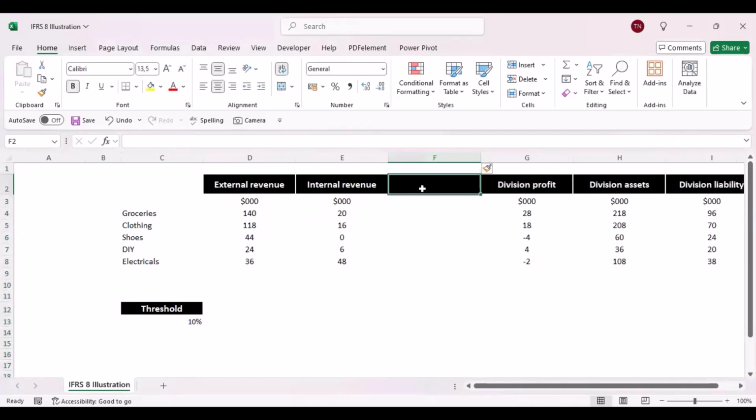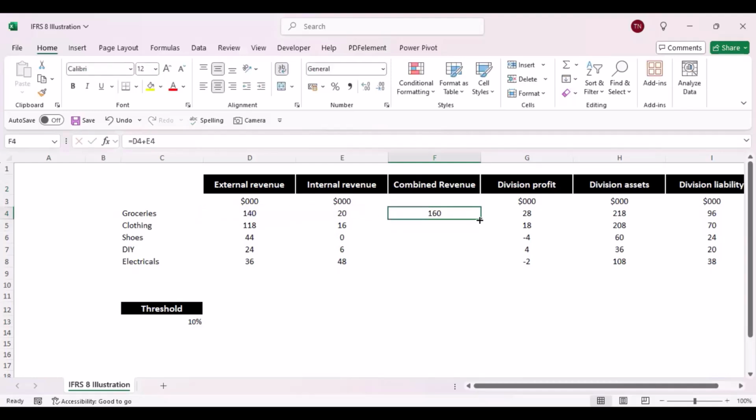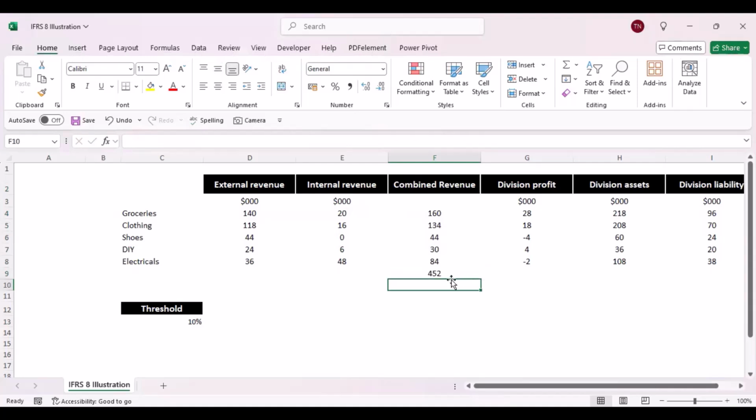So we need to have combined revenue. It's important. So we add in external plus internal revenue. And once we have that, then we add it together. Our combined revenue is 452,000.